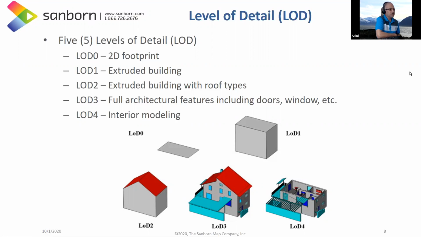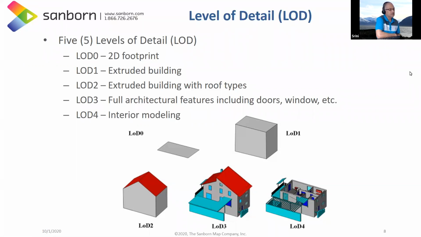In the architectural world, the 3D building models can be categorized into 5 different categories, starting from LOD 0, that is level of detail 0, to level of detail 4. The LOD 0 is primarily a 2D footprint with no elevation or no Z value.